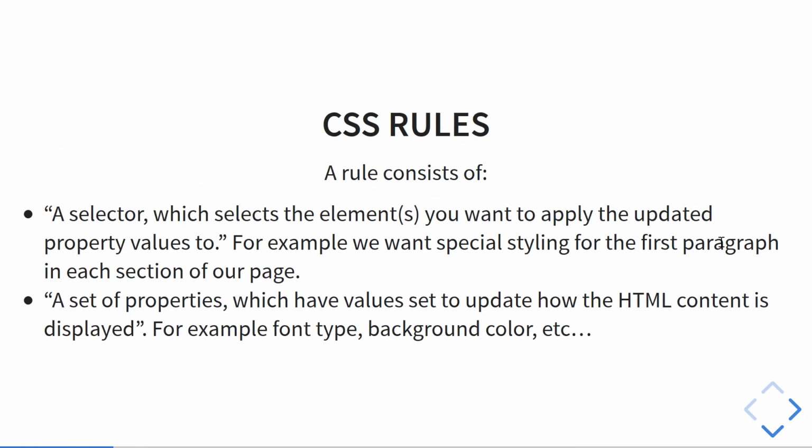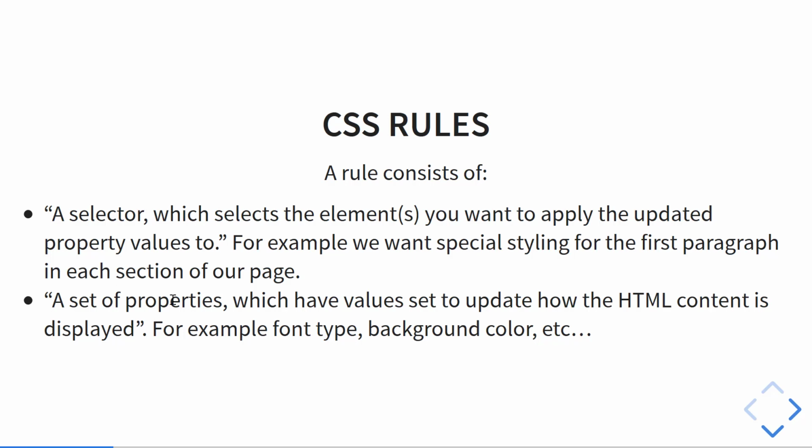A rule consists of 2 pieces. A selector, which determines which elements, and what do I mean by elements? HTML elements: paragraphs, headers, H1s, H2s, sections, figures, images, all the different elements, gazillion elements we have in HTML. It figures out which elements we want to apply the rule to.